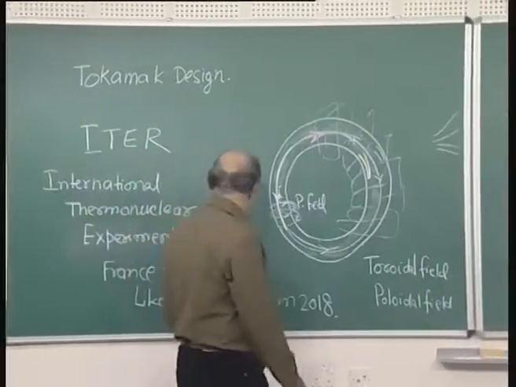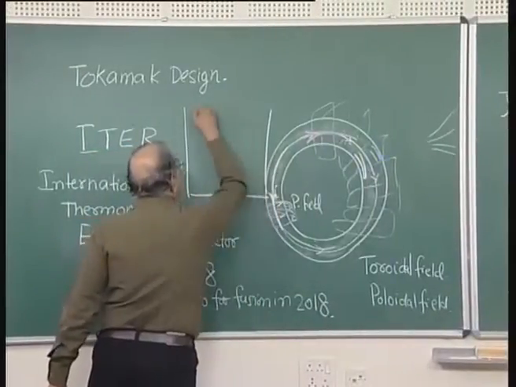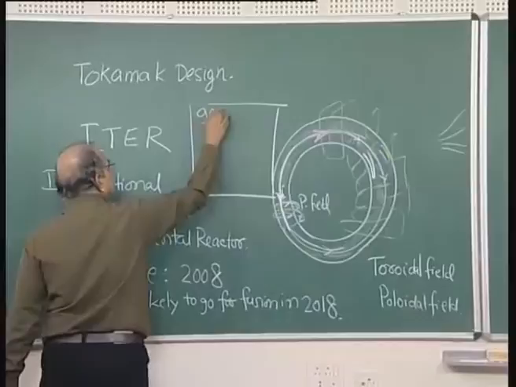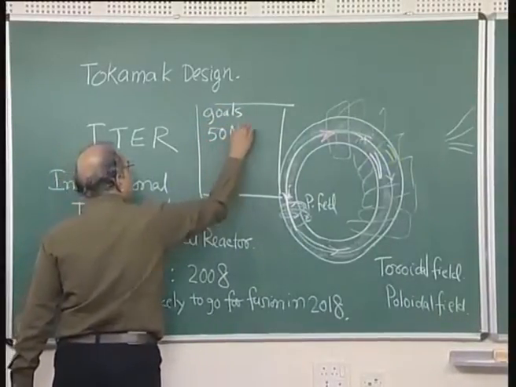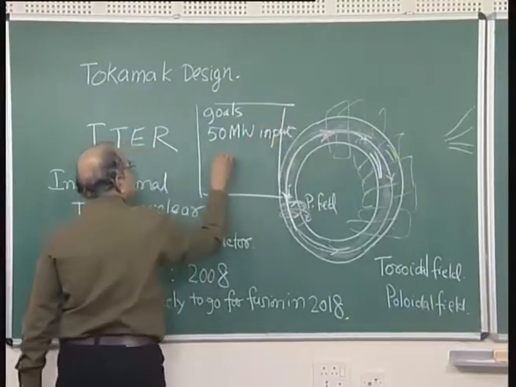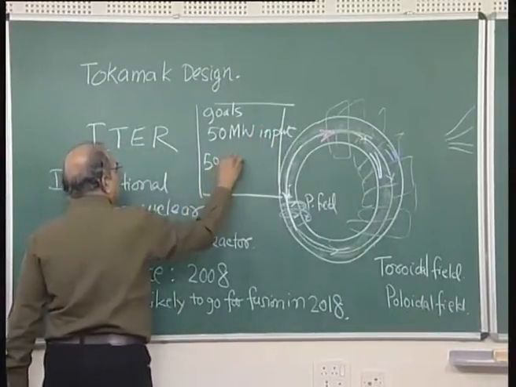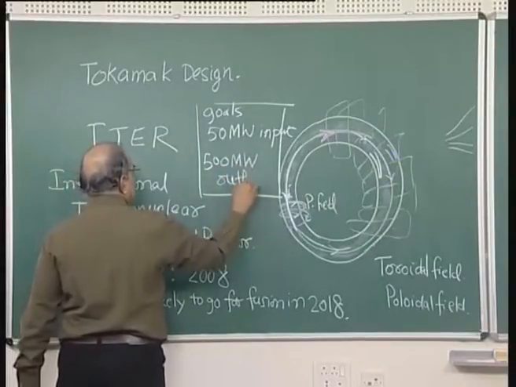So, the goal for ITER is 50 megawatt input and then 500 megawatt output. So, 10 times.